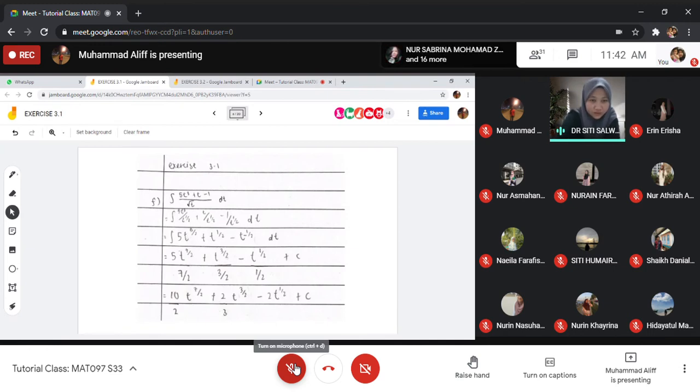Okay, so you dapat yang ni lah. Okay, first, second, third. Okay, dapat third line tu kita integrate with respect to t. Okay, so you simplify apa you punya division tu. Okay, lastly you dapat tu lah.